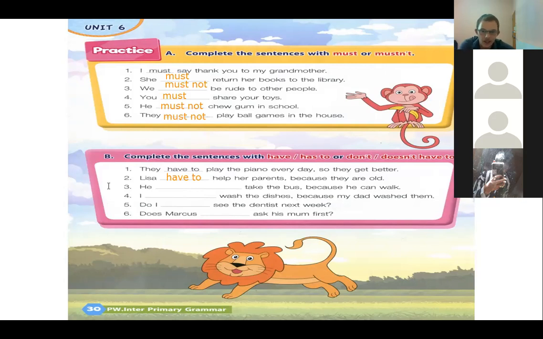He take the bus because he can walk. What do we think? He take the bus because he can walk. He has to, or don't, doesn't have to.